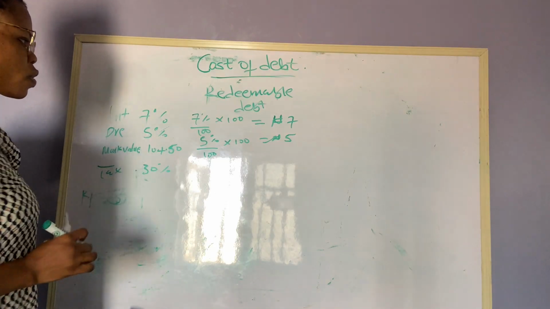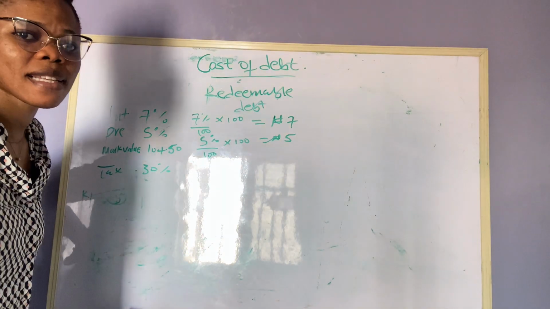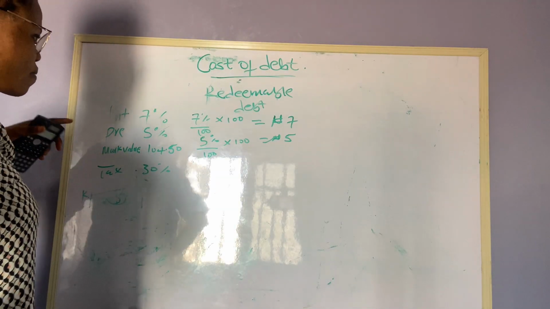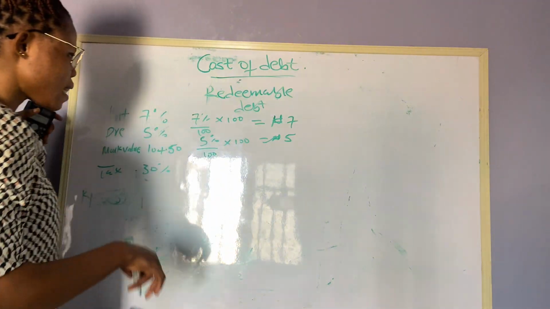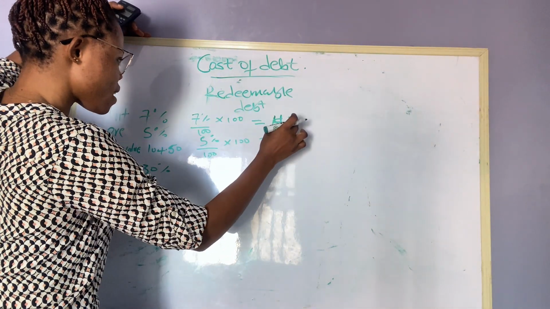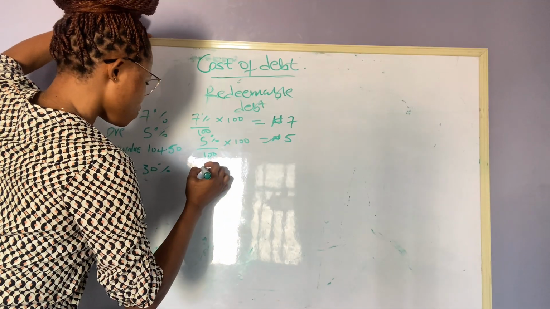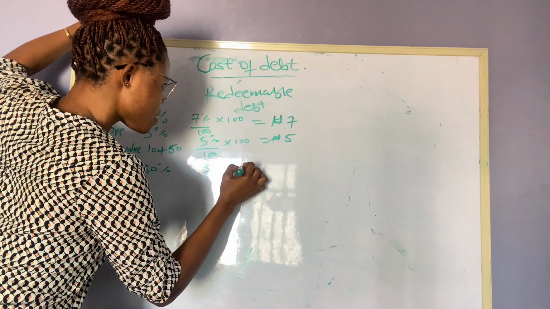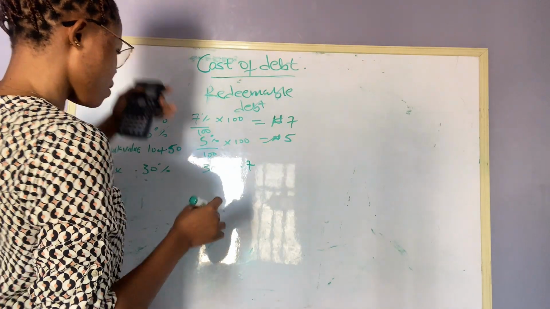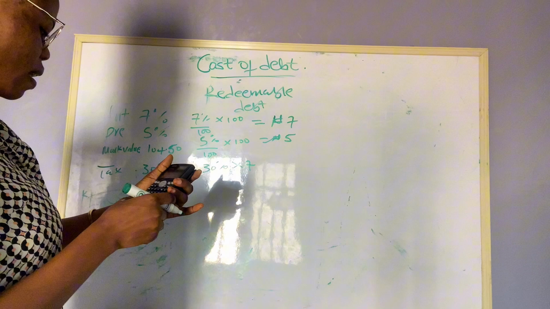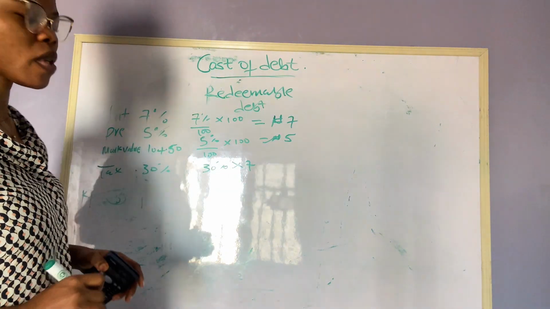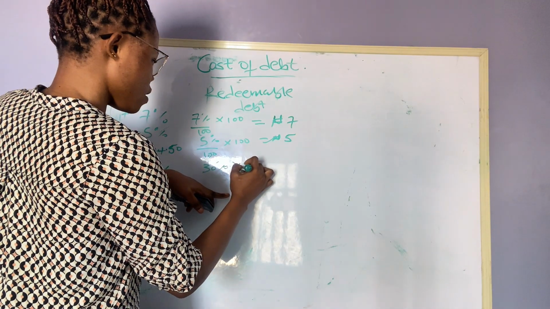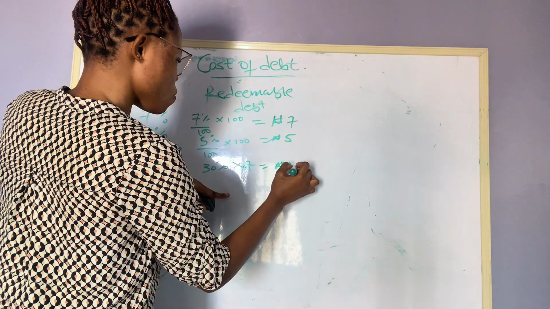So now we want to compute our tax relief. Tax relief is going to be 30%, so we say 30% times 7, that's 2.1.